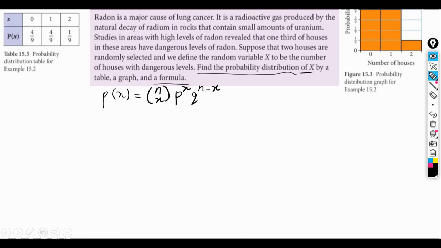And what do these different variables represent? Okay, so n is the number of trials in the experiment. Then we have x. X is going to be the number of successes that we expect.